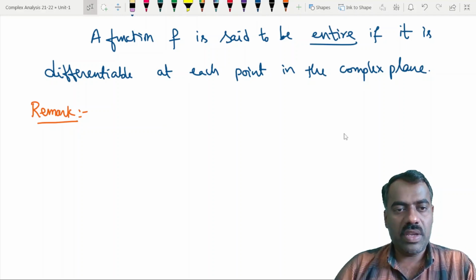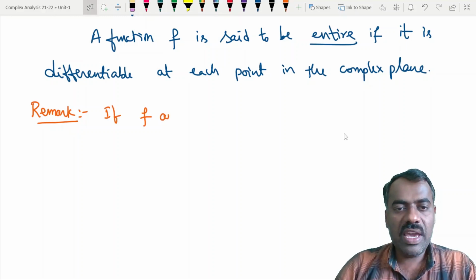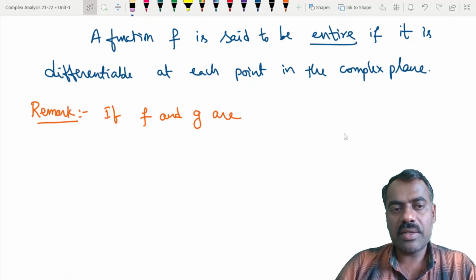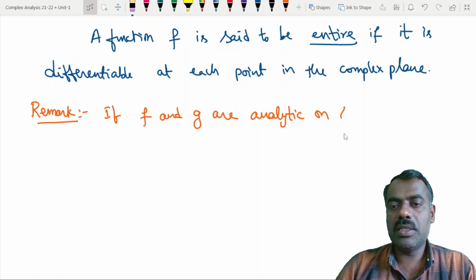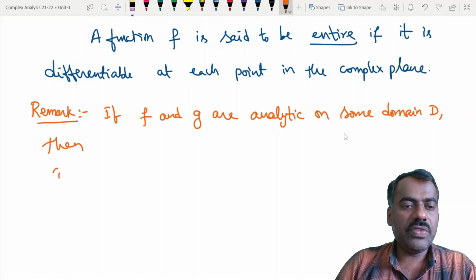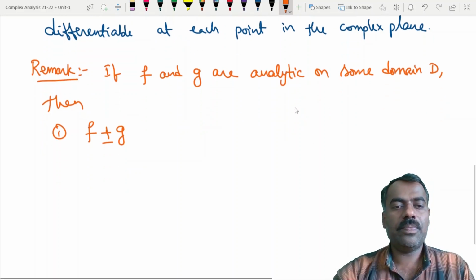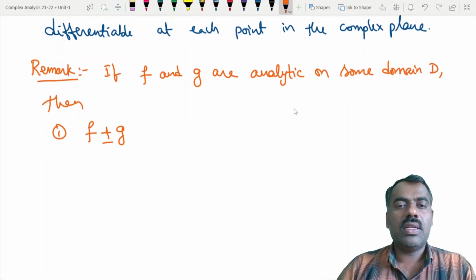So if f and g are analytic on some domain D, then what can we say? f plus g or f minus g, is this analytic or not?